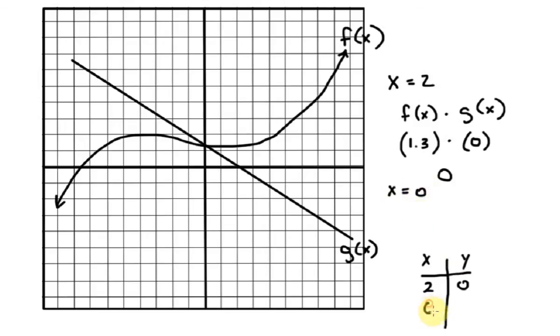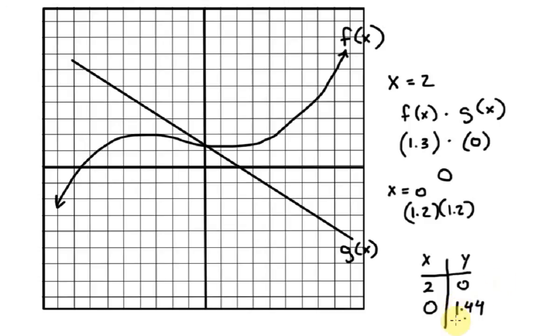What have I got here? These are both the same y values. Looks like 1.2. So it looks like 1.2 times 1.2. That would give me a y value, I think, of 1.44. So that's another point on my graph.